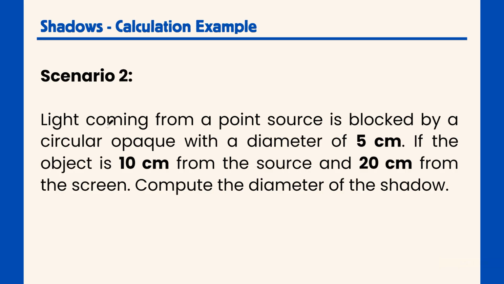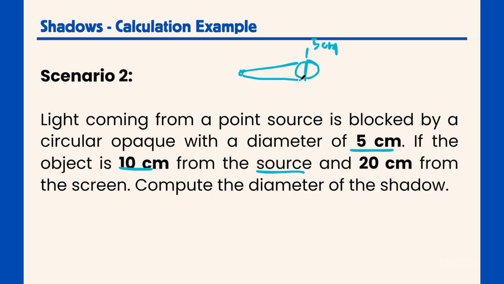Then scenario 2, light coming from a point source is blocked by a circular opaque with the diameter of 5 centimeters. So we have here circular opaque. And this is said to have 5 centimeters diameter. This is our diameter. Ang radius na to is ang half na sa diameter, but since this is diameter, it is 5 centimeters. If the object is 10 centimeters from the source, I assume this is the light source, 10 centimeters from the light source.